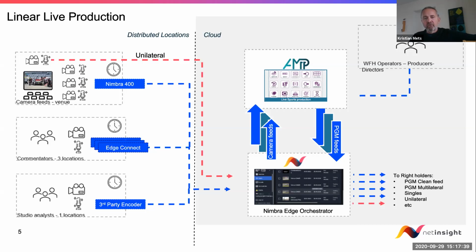Nevertheless, the interesting thing here is that depending on what situation you have, you will have different types of equipment that you want to connect. Maybe you have Net Insight equipment, Nimbra. In this example, we're using Nimbra, which is of course very well integrated with the Nimbra Edge in the cloud.